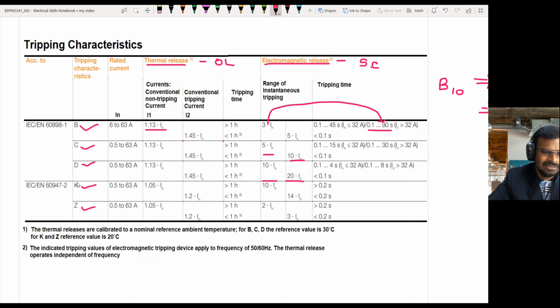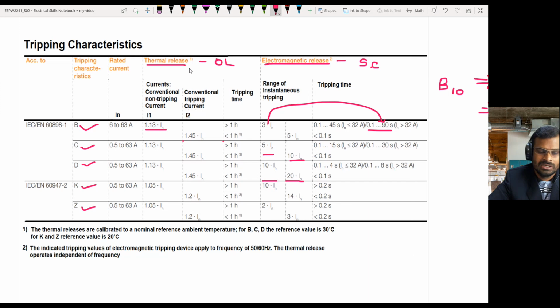We see B, C, D and K, Z types, and the different trip ranges, and with respect to that, the different trip timing for these different types of MCBs.